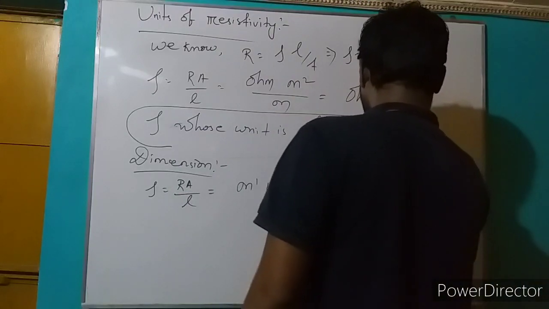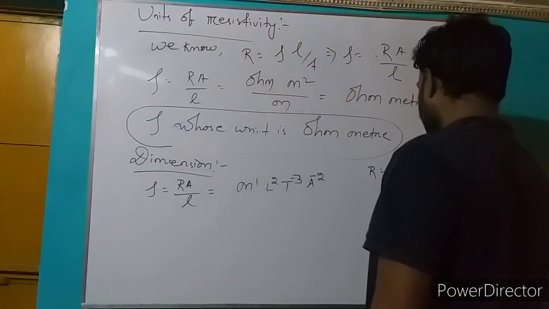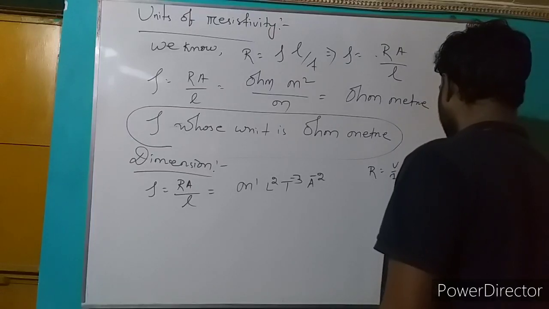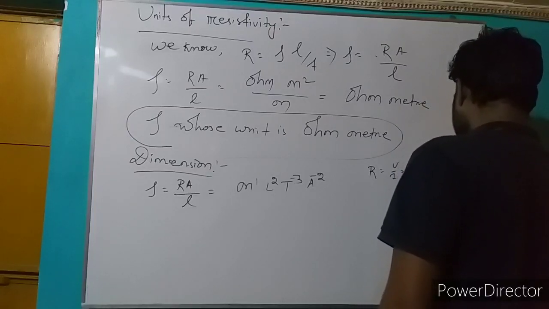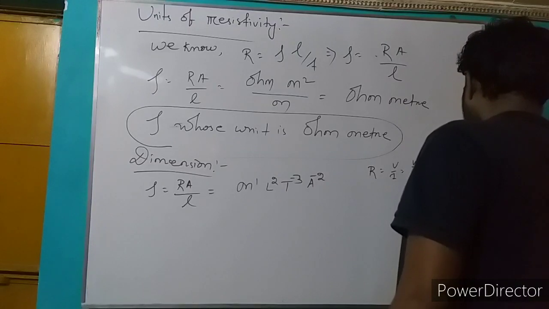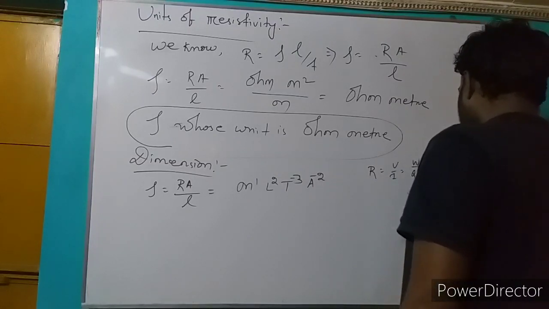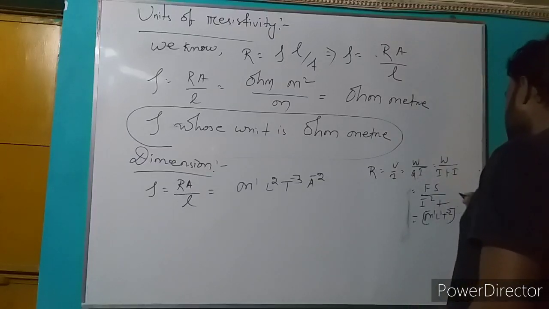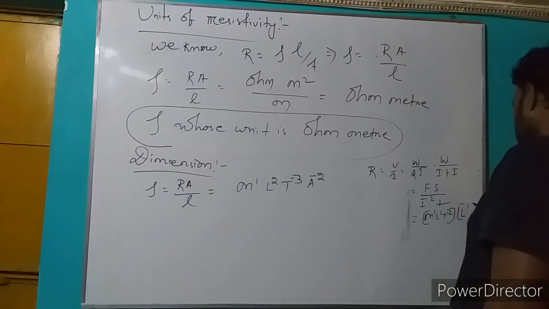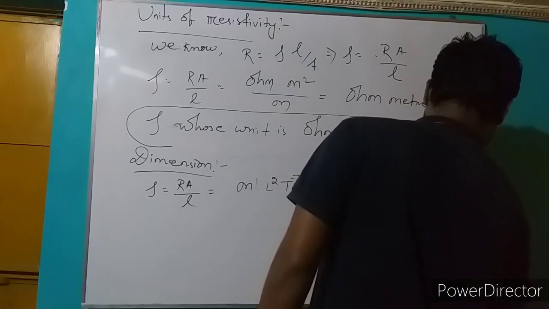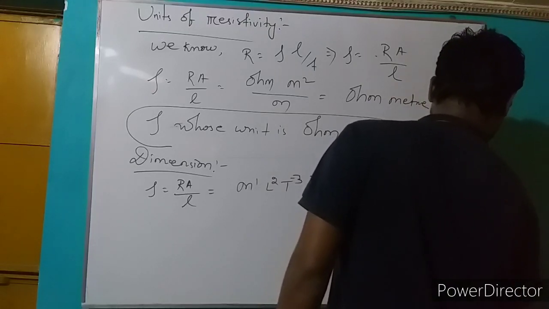So R means V by I. V means W by Q, and Q means I into T, so W means F into S. F means dimension M1 L1 T minus 2, S means distance, that is L1, I square means A to the power 2, and T means T to the power 1.